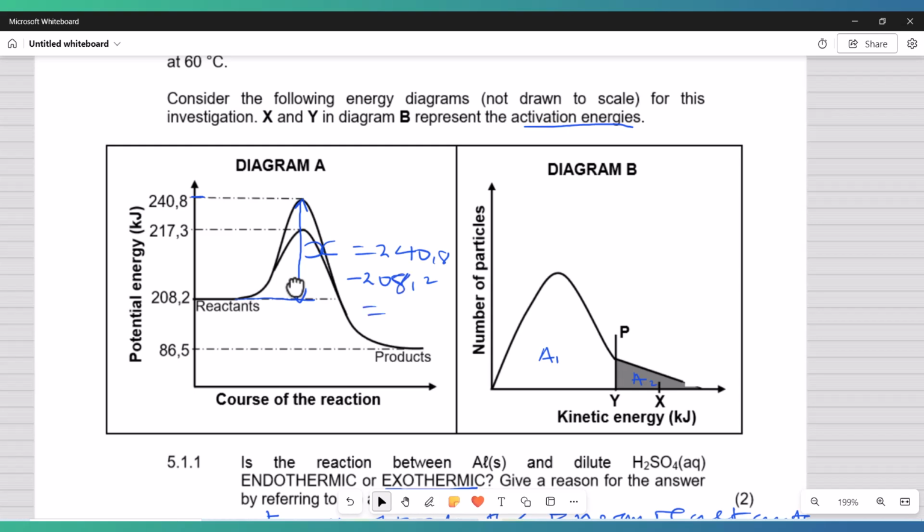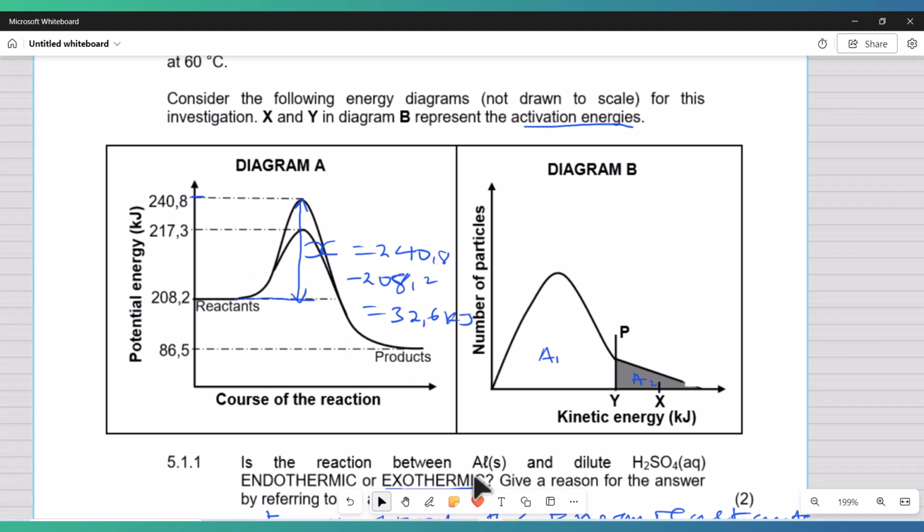On the calculator, 240,8 minus 208,2 gives me 32,6 kilojoules. So this is 32,6 kJ.